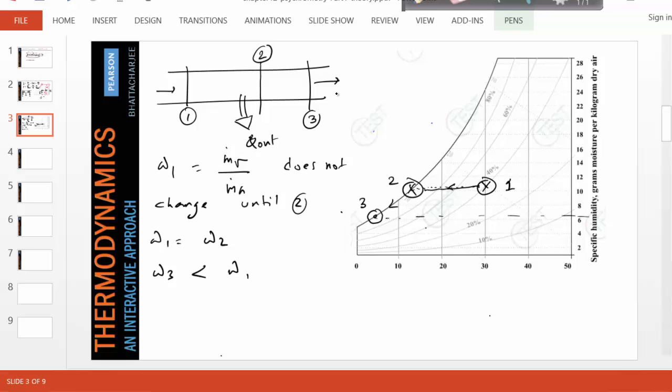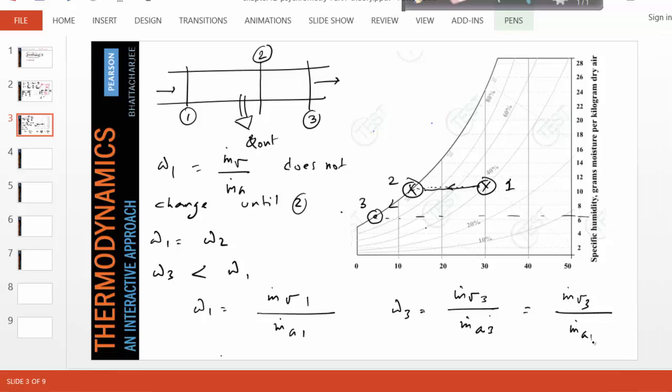Notice that if omega 3 is reduced, that means the mass of vapor must be less, because omega 1 is what? M dot vapor at 1 over M dot air at 1. And what is omega 3? M dot vapor at 3 over M dot air at 3. But M dot air is not changing as I cool the air.